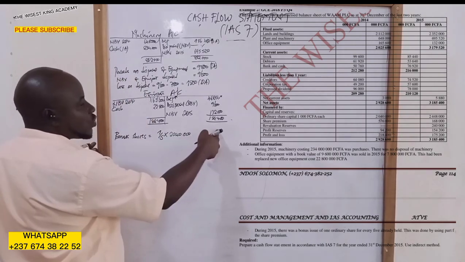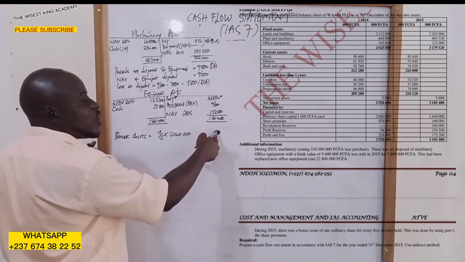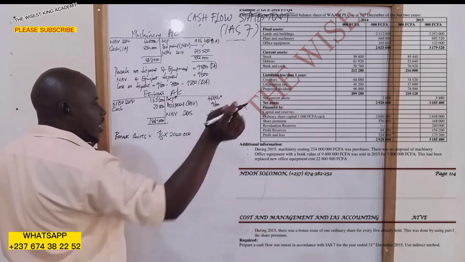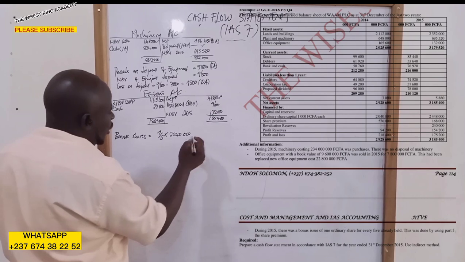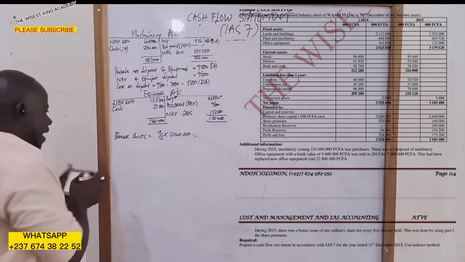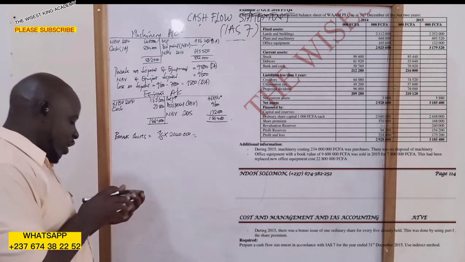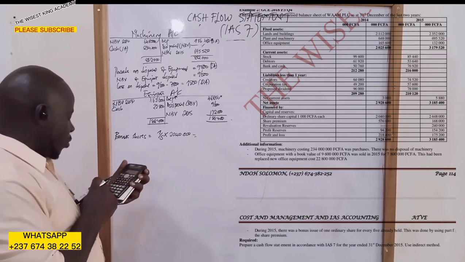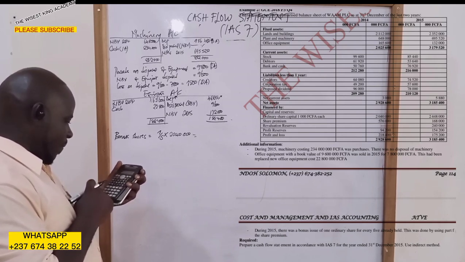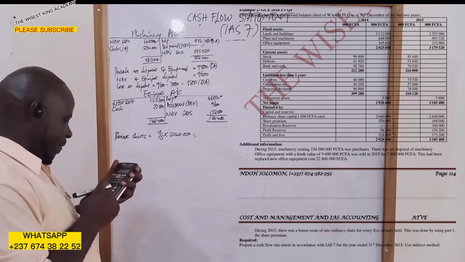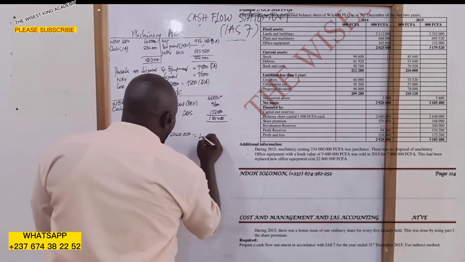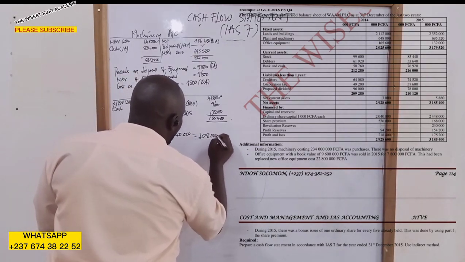Remember that 3 zeros and the nominal value per share is 1,000. So it cancels. So we have 2,040,000 shares. If we take this divided by 5, we will get the number of new shares. So 2,040,000 divided by 5 is going to give us 408,000 shares.